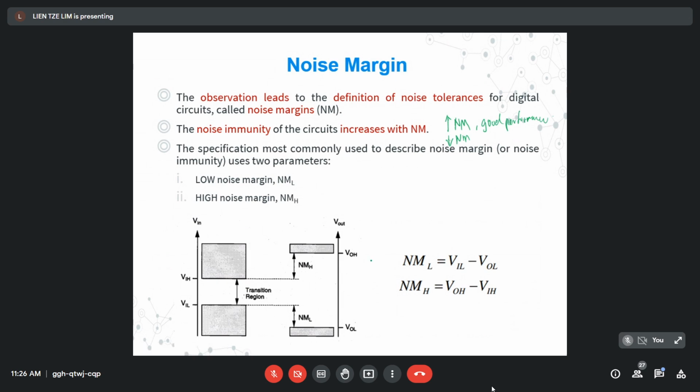Low noise margin is VIL minus VOL, and high noise margin is VOH minus VIH. Later I will explain this one, it is related to these formulas given.